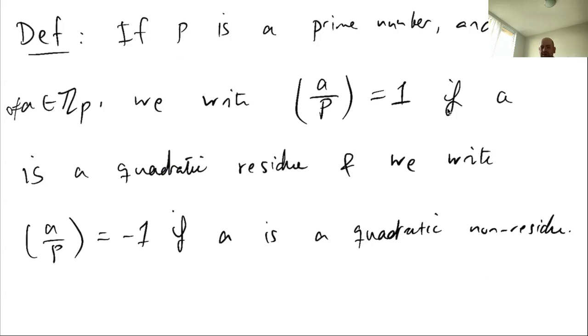It has nothing to do with the fraction a over p, which would be a number between 0 and 1. It's defined to be 1 if a is a quadratic residue, and defined to be minus 1 if a is a quadratic non-residue.